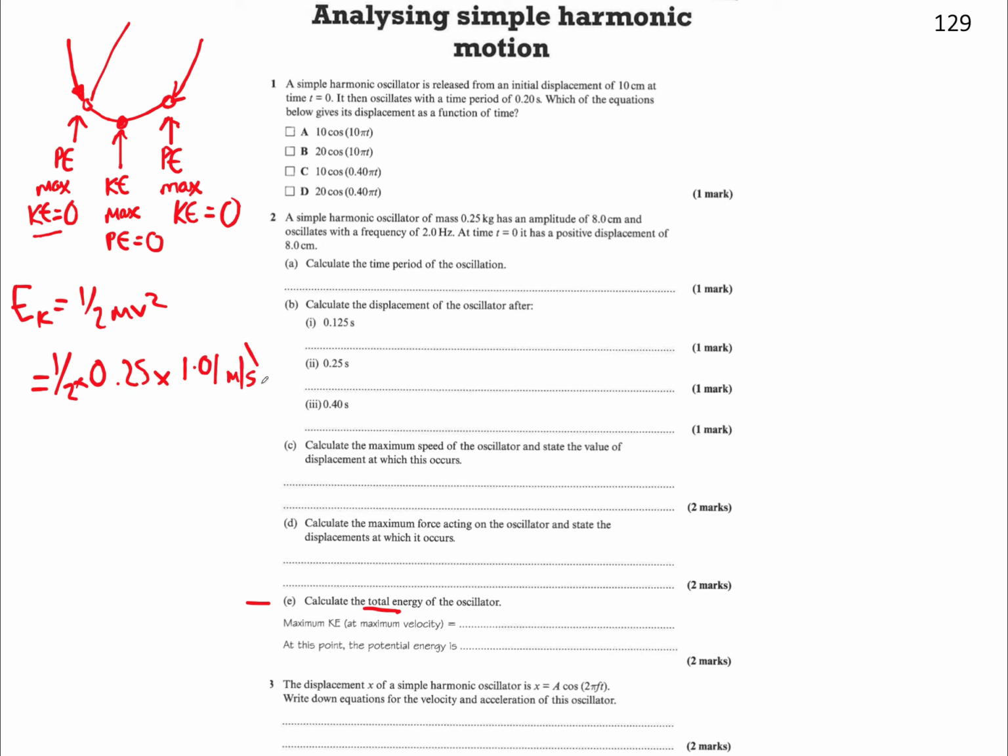This needs to be squared, of course, because it's velocity. And when you put this in your calculator now, you'll get the answer of 0.13. Okay, so the answer there is 0.13 joules, and that potential energy at that point is 0.